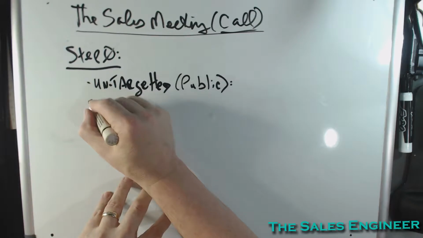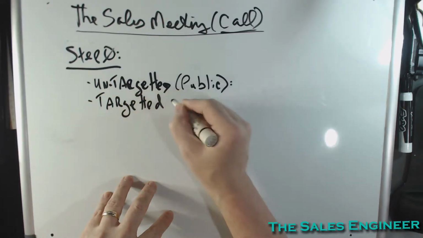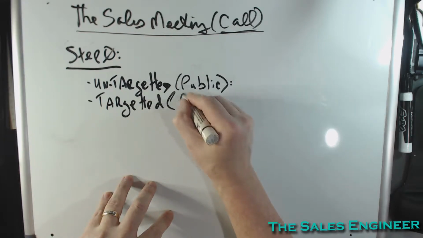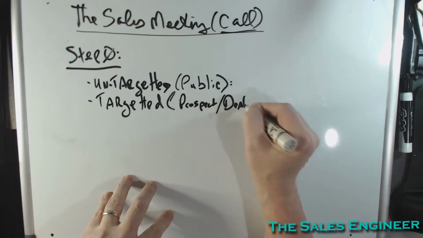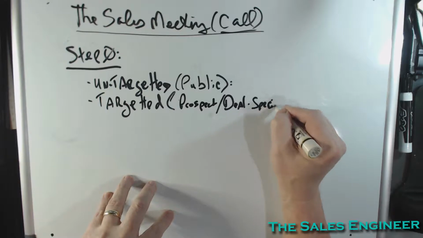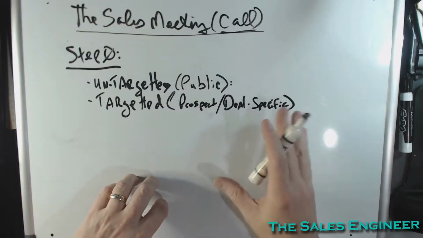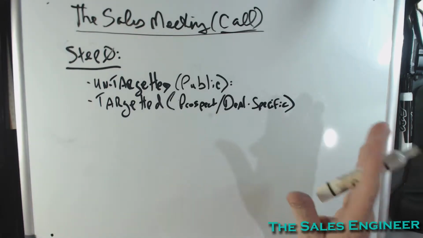The next is going to be targeted. And this is usually prospect or deal specific. Maybe specific isn't the best word, but it's what people say. I think deal relevant is a better word. Whatever. I'm not gonna go crazy about it.